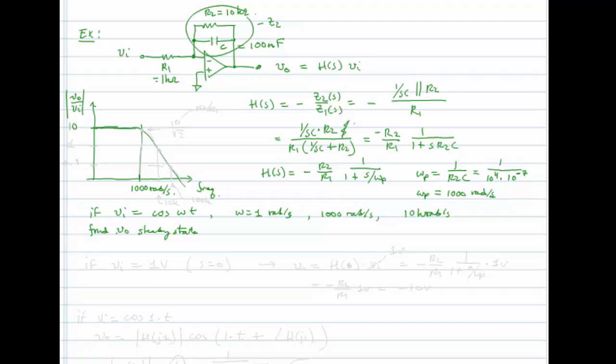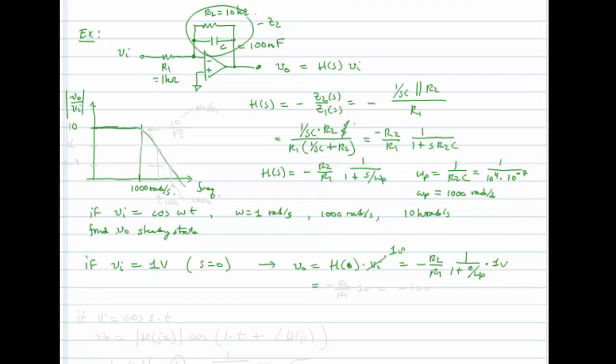So let's just consider if VI is equal to just 1 volt. This means S is equal to 0, right? Because it's a constant. Then VO is equal to H of 0 times VI, which is 1 volt. So I get minus R2 over R1 times 1 over 1 plus 0 over omega P times 1 volt.